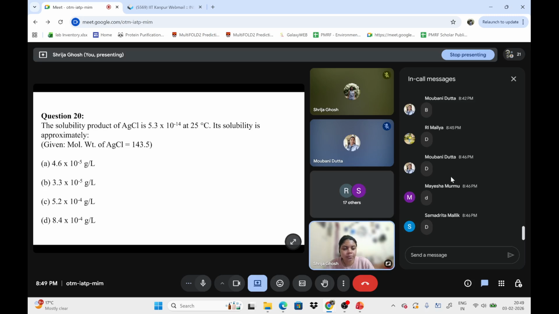We have solved many such questions in this session, so everybody should be able to solve this. Okay, I have one answer, option B, 3.3 into 10 raised to the power of minus 5. Let's see. What about others?